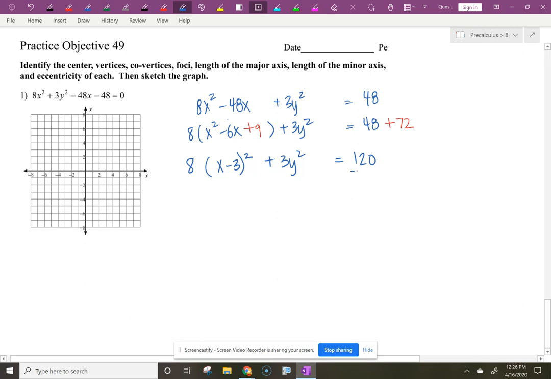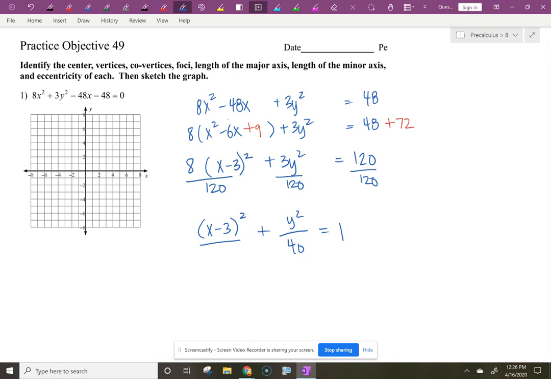So at this point, I'm going to divide everybody by 120, and it'll be equal to 1. And the good news is, hopefully, these reduce. So x minus 3 squared over something plus y squared over, it looks like 40 equals 1. And how many times is 8 going to 120? What is that, like 15 times? Yeah, 15 times. So 15.